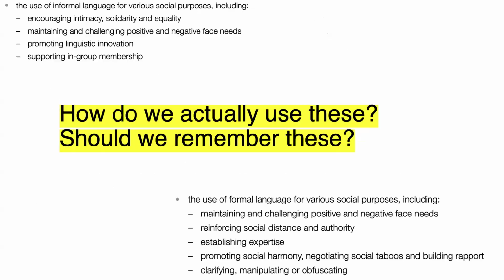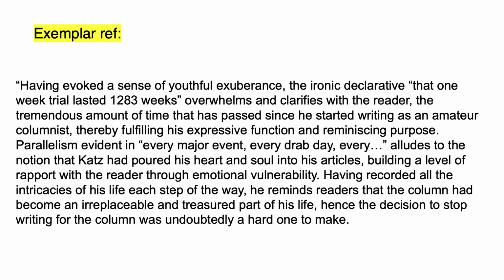But it's very important to actually remember these through using them. And that's why I've got an exemplar here, right? I want us to have a look at this and have a read through and look at how these purposes are actually used. When we look at this paragraph, right, having evoked a sense of youthful exuberance, the ironic declarative, that 1 week trial lasted 1,283 weeks, overwhelms and clarifies with the reader the tremendous amount of time that has passed since he started writing as an amateur columnist, thereby fulfilling his expressive function and reminiscing purpose.